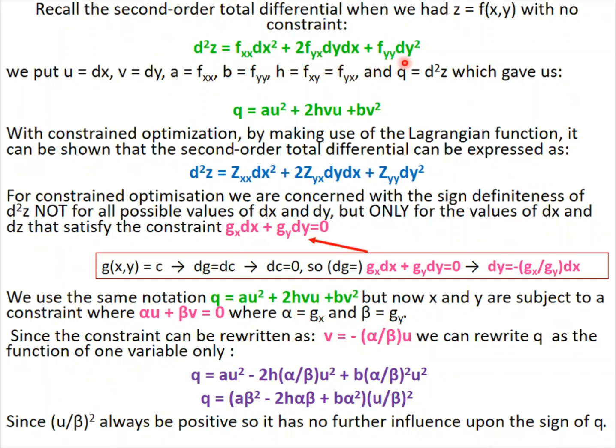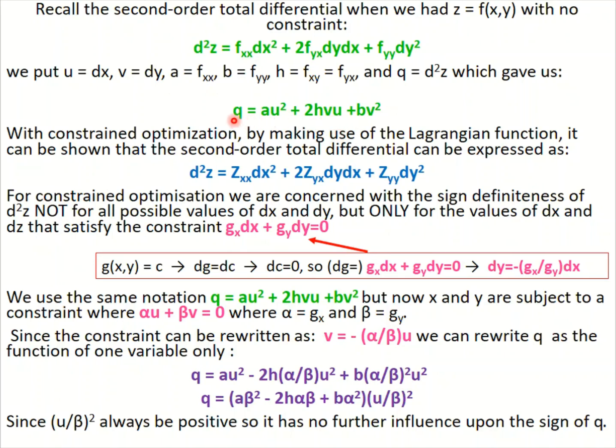Then, using slightly different notation, so instead of fxx and dx squared, for example, we would use u, v, a, b, h, and q, and we would re-express this second order total differential using this notation here. Then using this notation, we would set out the Hessian, which was then used to work out if we had a minimum or maximum.